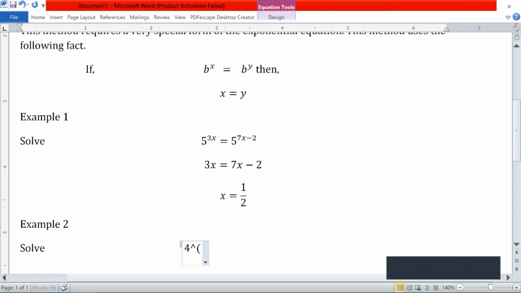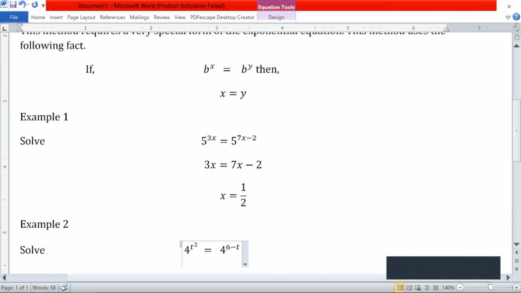Sorry, wait till I finish typing, because I'm using this equation editor. That's your equation: 4 to the power of t squared equals 4 to the power of 6 minus t.